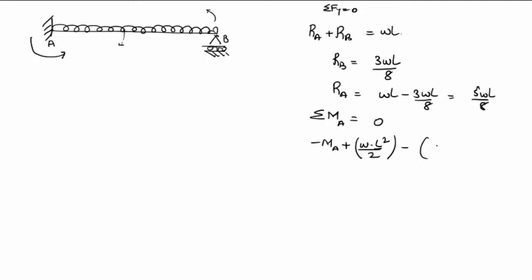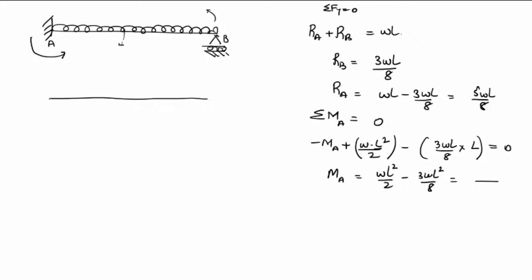RB is 3WL by 8 times L. This is equal to 0. So MA is WL square by 2 minus 3WL square by 8. The moment at A will be in the anti-clockwise sense.